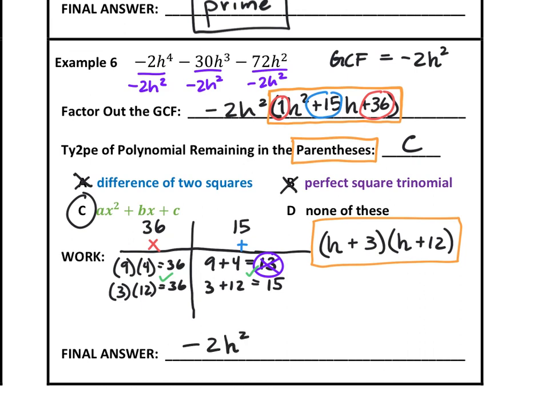Remember at the very beginning, that was my GCF. And then I'm going to copy this orange part. So it's h plus 3 and h plus 12. And this is my final answer.